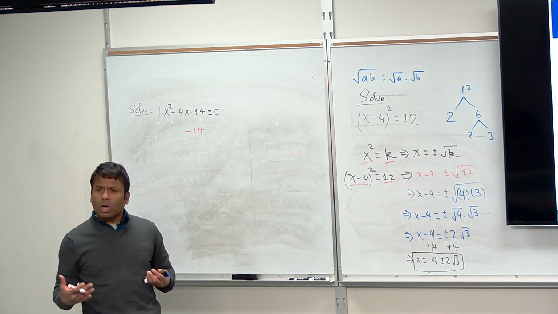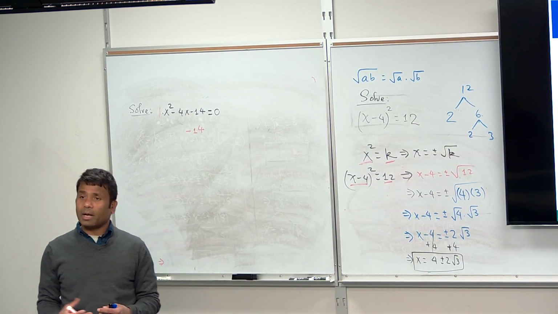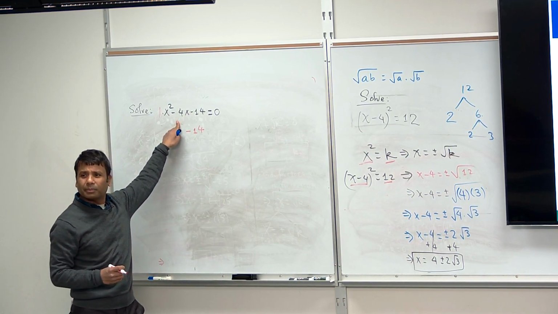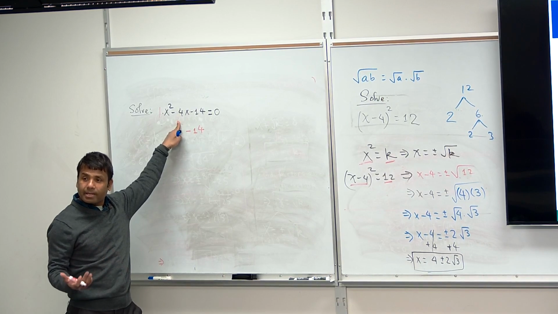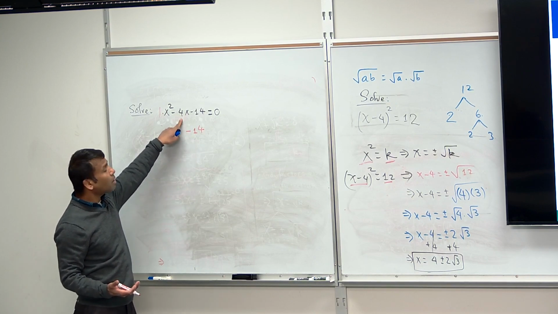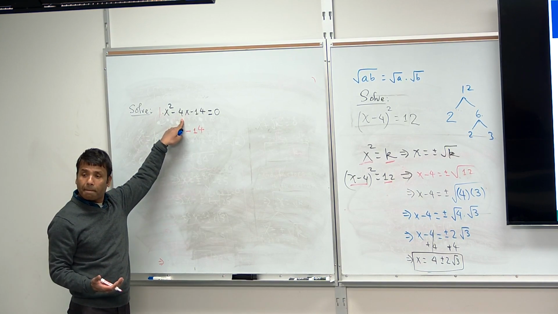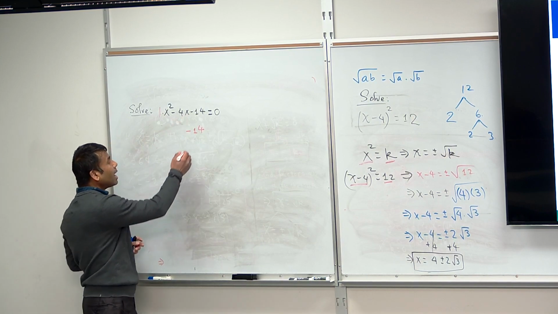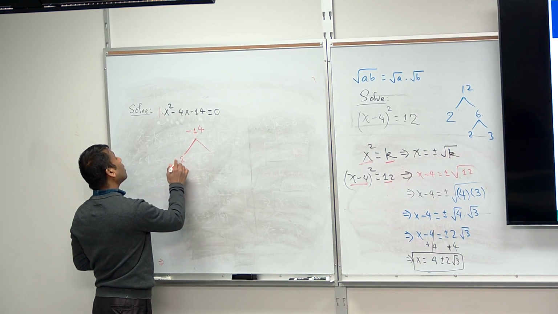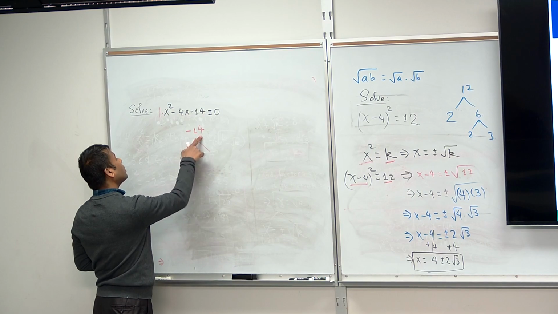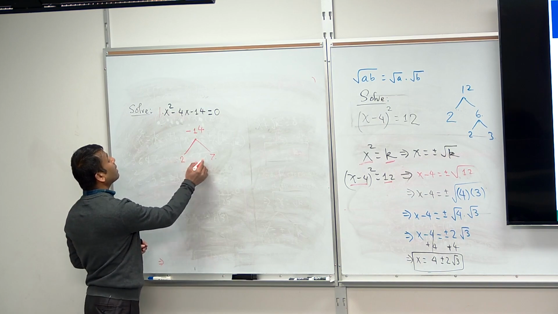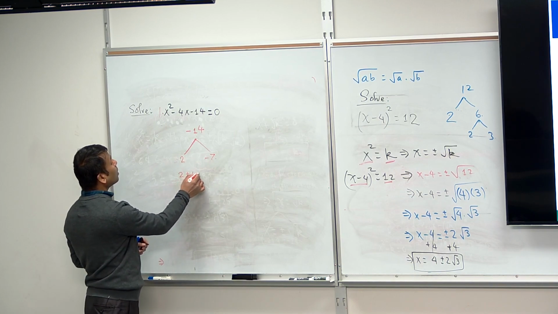Can you come up with factors of -14 such that the sum is -4? What is the least prime number that divides 14? 2 times 7, right? So you can do -2 and 7, but if you add them up, what is 2 plus -7?